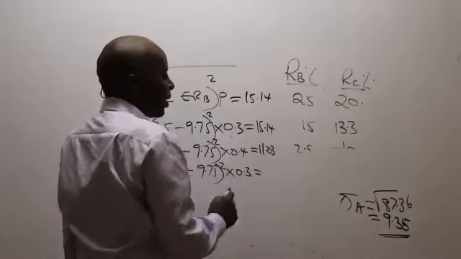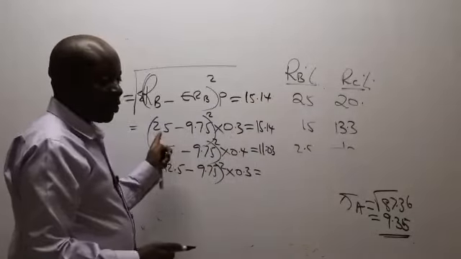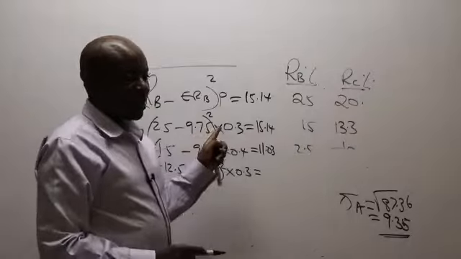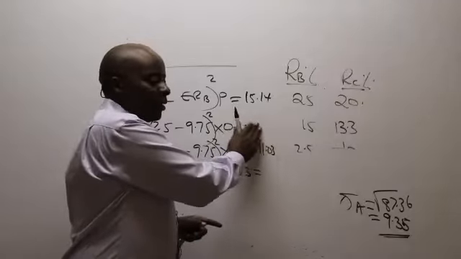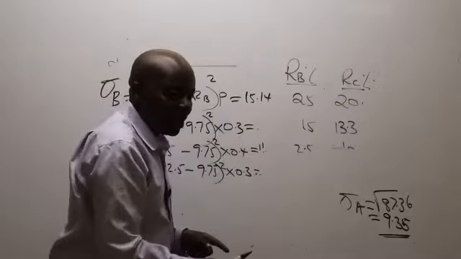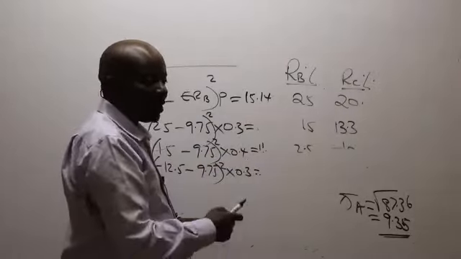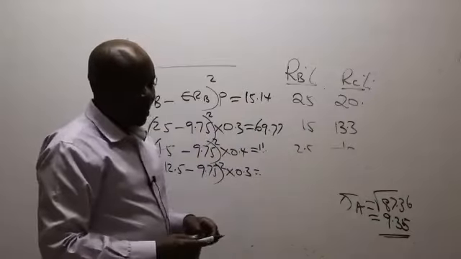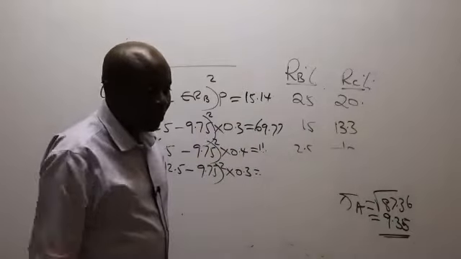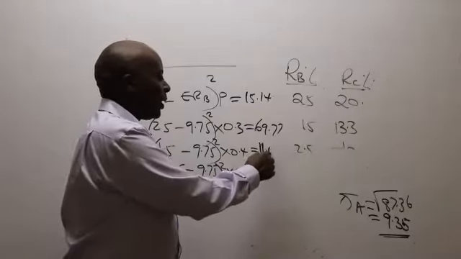15.14 is standard deviation. So then how about this for the students who are doing this? For the students who are trying to get these figures, is there somebody who can give me this very fast? 69.77. Thank you very much. How about the second one? 11.03 approximately.